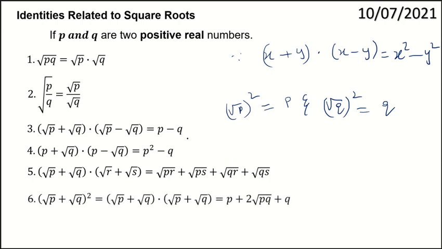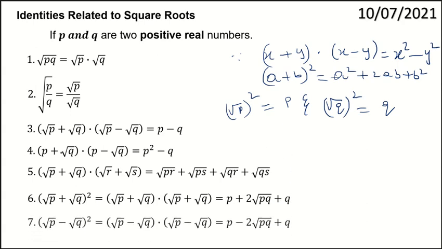Here another important identity: I am using the a plus b whole square identity, where a is root p and b is root q. So a plus b whole square is a square plus 2ab plus b square, that is how it becomes p plus 2 into root pq plus q.